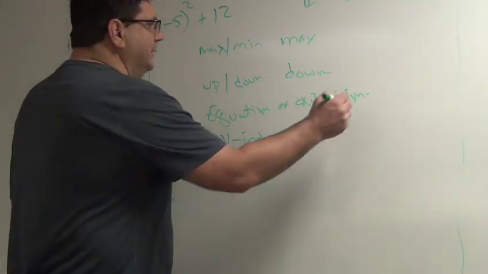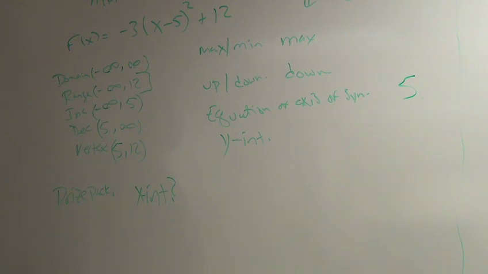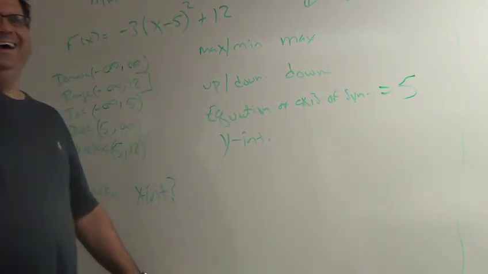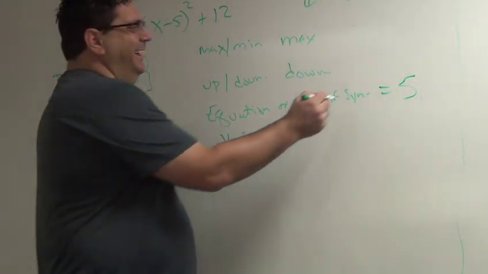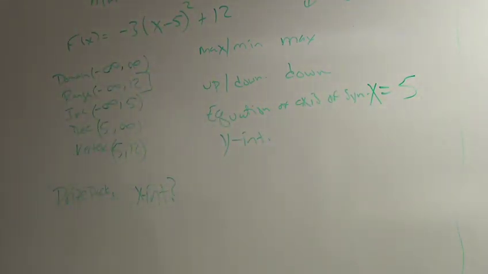You would not believe how many people I see write just 5. That's not an equation. Then somebody says, my bad, x equals 5. That's the equation of what? The axis of symmetry.